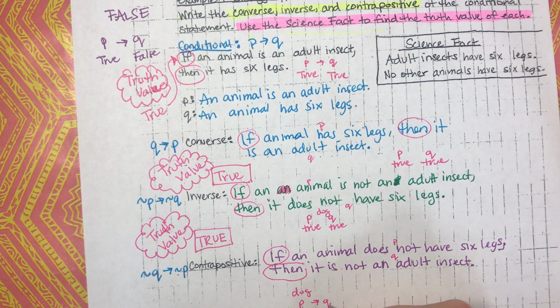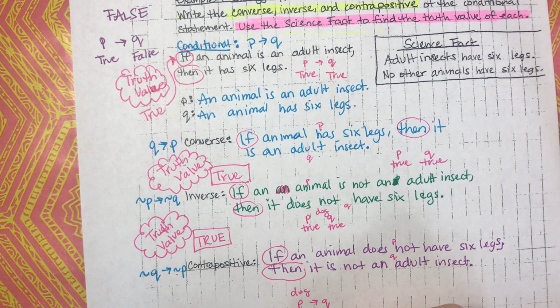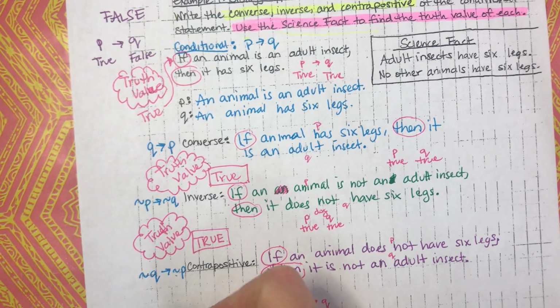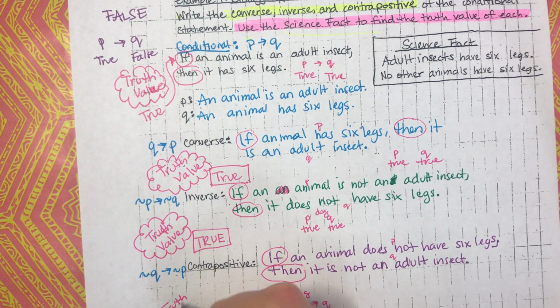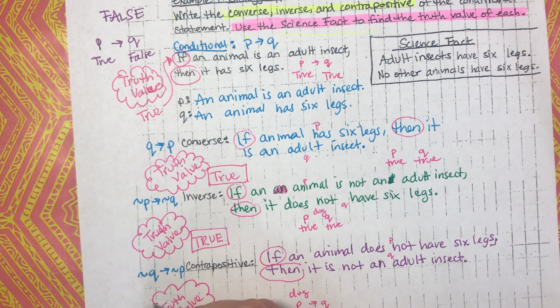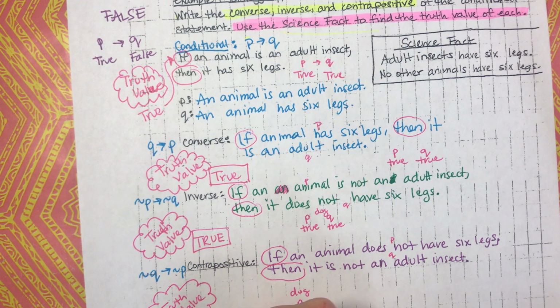A dog is not an adult insect, so that would be true. If an animal does not have 6 legs, so an octopus, it has 8, then it is not an adult insect. Yeah, that's true again. So I can't really think of a counterexample that would make that false. So the truth value here is true.